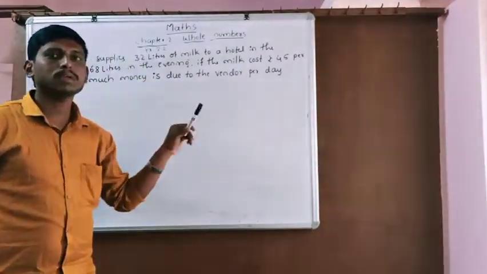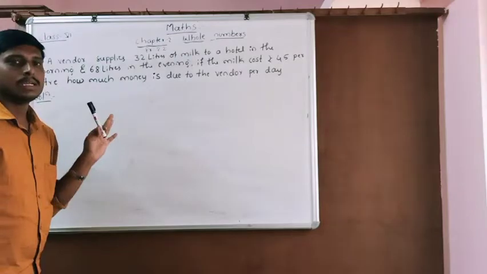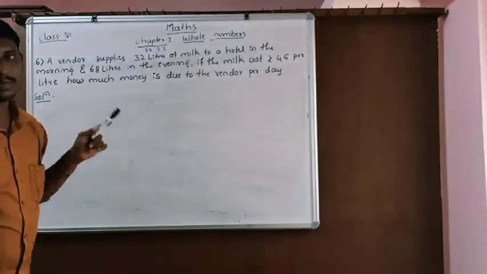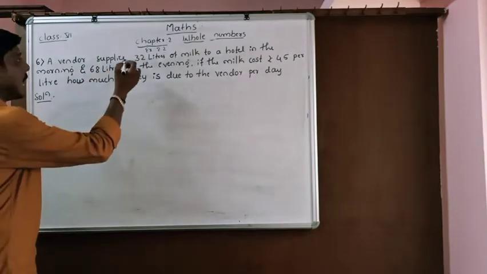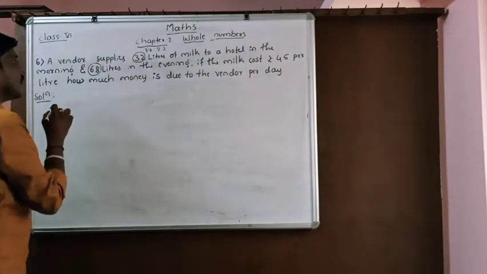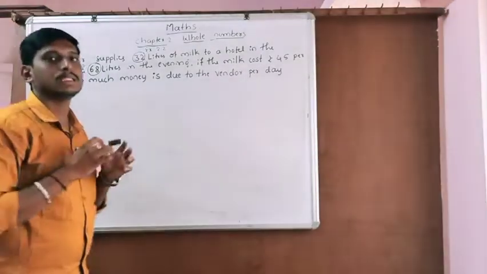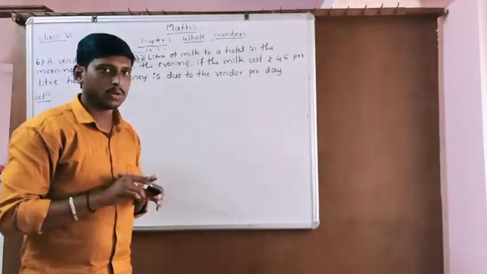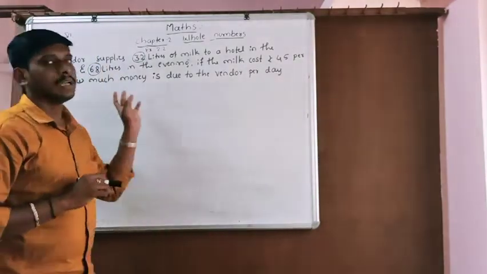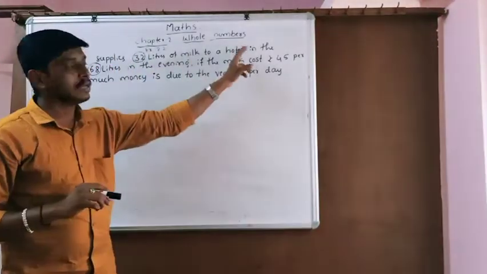Okay, very simple question, same as the previous. In the previous question they took petrol, this question they took milk. So here first you add up these two, 32 and 68, the total amount of milk he supplies to the hotel. So 32 plus 68 is 100 liters.